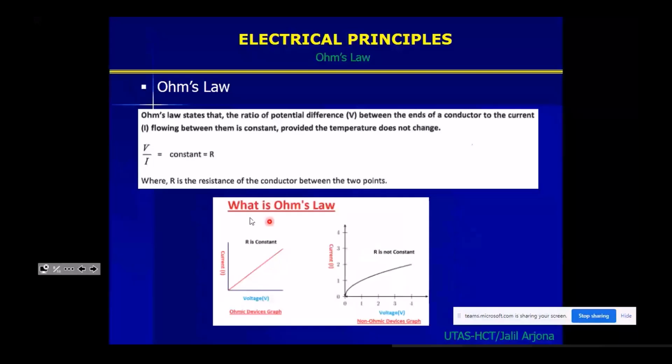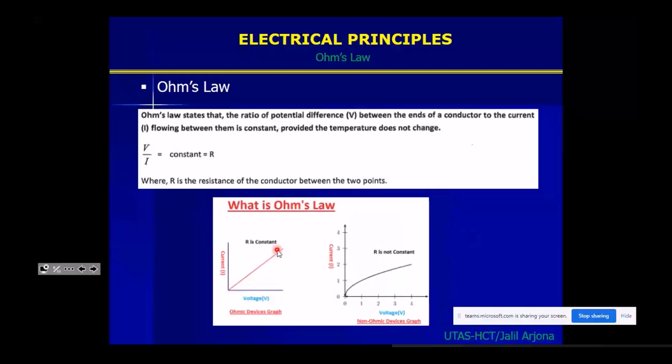In the graph of Ohm's law, the horizontal side represents the x-axis for the voltage and the y-axis for the current. If you take the relationship between the voltage and current, you will get a linear graph with a constant value, which is called resistance.